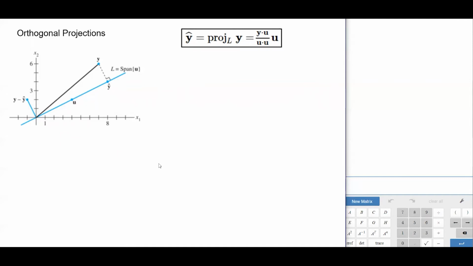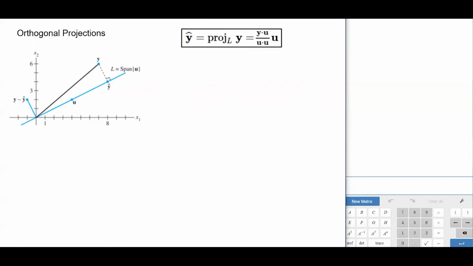So now let's talk about projections. A projection is like a shadow. You've got a line, which is the span of a vector, say u. So we have vector u, we span that one vector, we get a line. We have this vector y, and we want to project y onto that line.